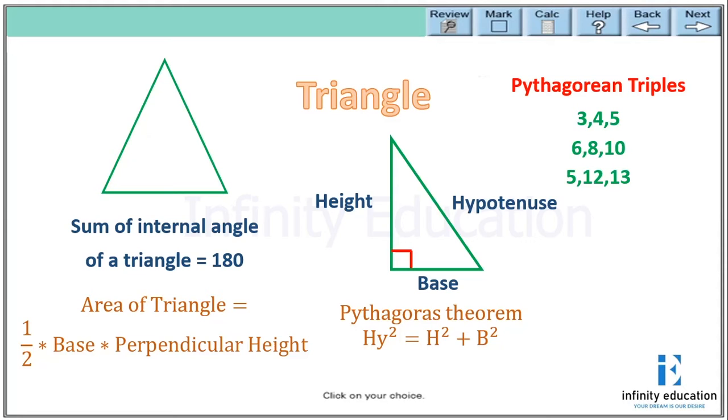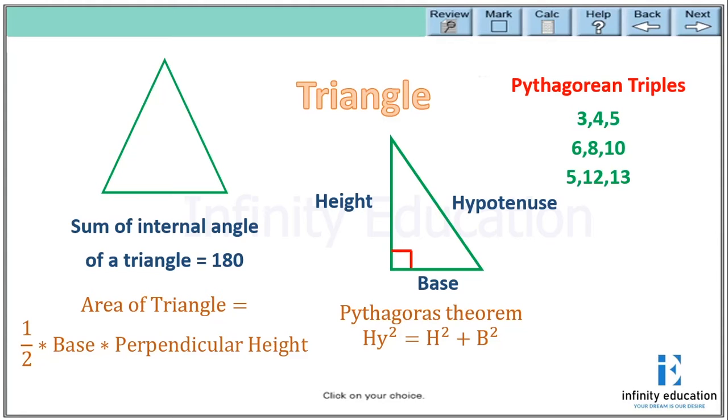How? 3 square plus 4 square, that is 9 plus 16 equals 25, and 5 square is 25. 6 square plus 8 square, that is 36 plus 64 equals 100, and 10 square is 100. 5 square plus 12 square, that is 25 plus 144 equals 169, which is 13 square. So that is what is called the Pythagorean triples.